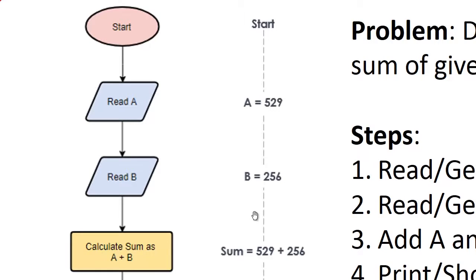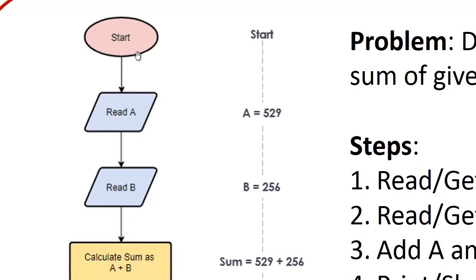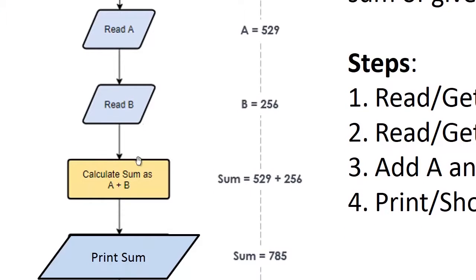This is a sample flow chart where we read two values A and B. The start symbol indicates the beginning of the problem logic, and we read data A, then read data B and calculate the sum.